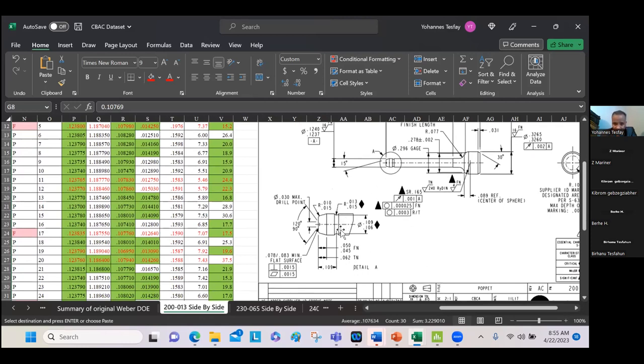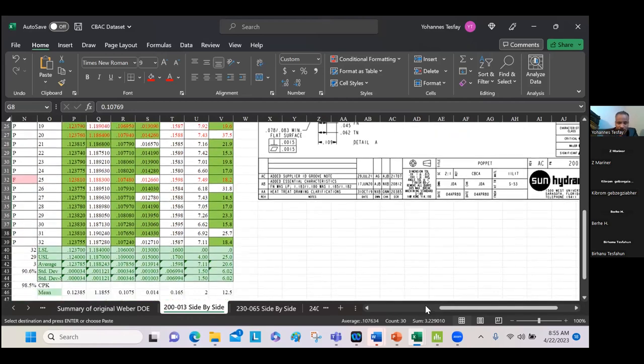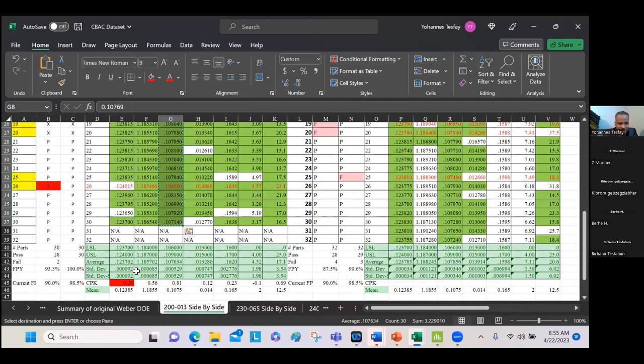But like the groove, this is what I'm saying. So the radius of that groove is 0.13 to 0.15, and let's look at the specification here. The specification is from here to there.